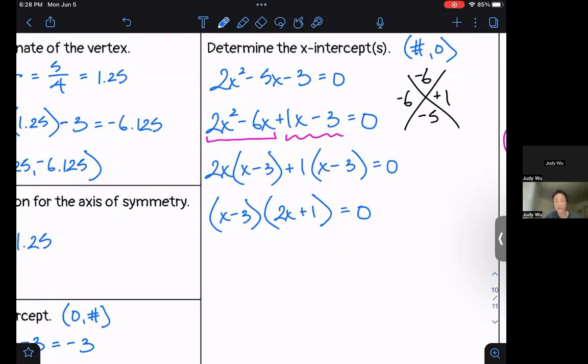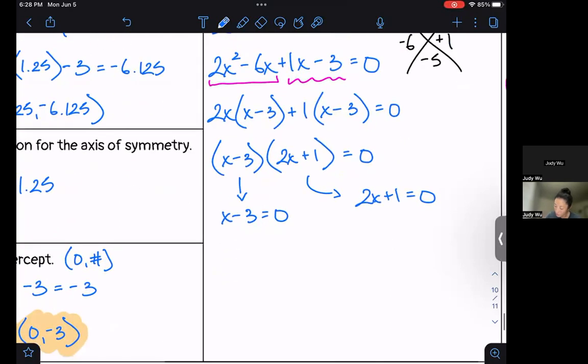Beautiful that their product is 0, because now I can set each one equal to 0. The first one gives me x equals 3. The second one gives me -1/2. Those are not x-intercepts, though.